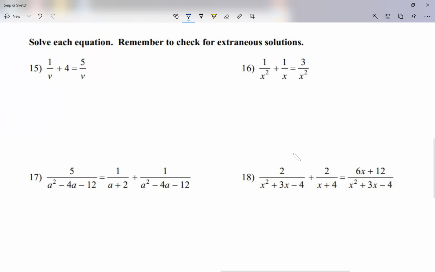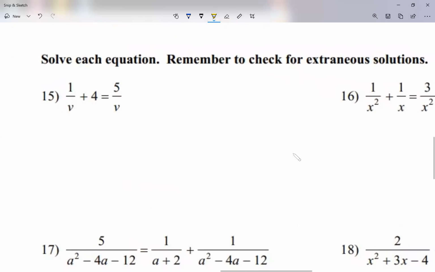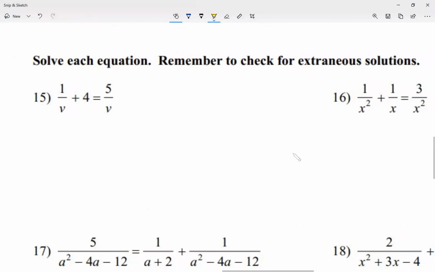And then here, keep in mind, remember to check for extraneous solutions. There are some solutions that don't work, okay? So to begin with, let's start with what does not work. Look at the denominators. What values of V will make the denominators equal to 0? Well, in this case, 0, right?